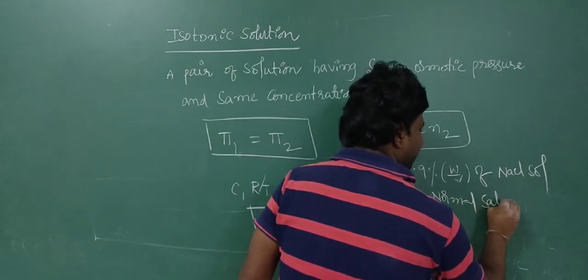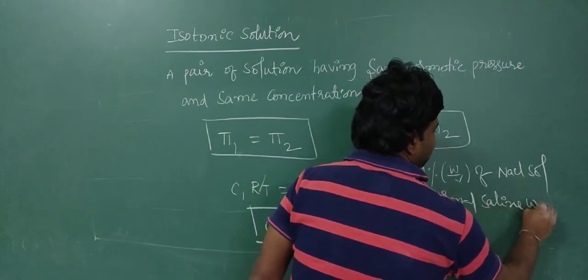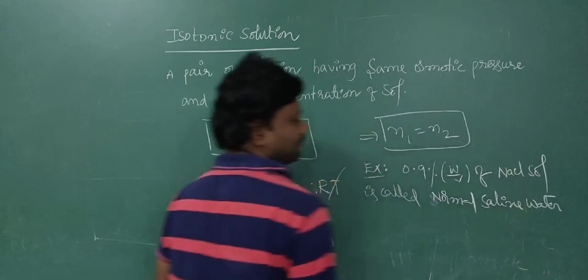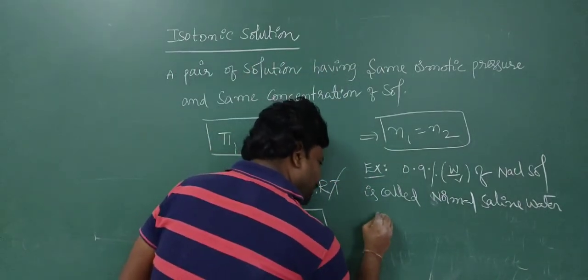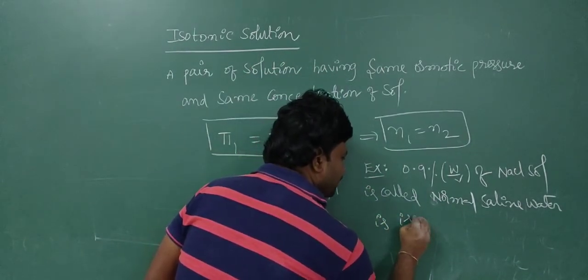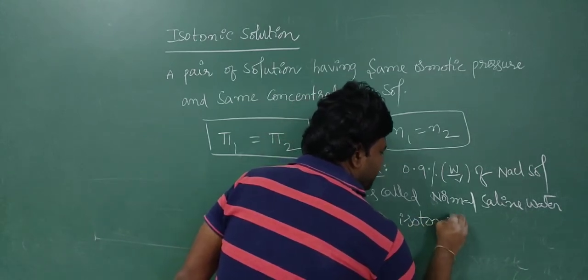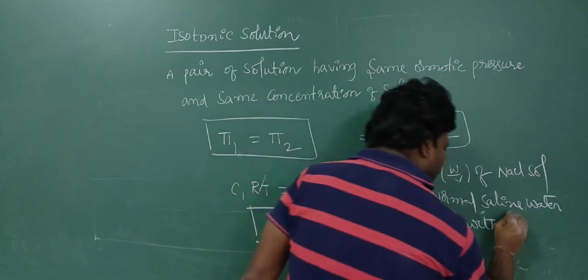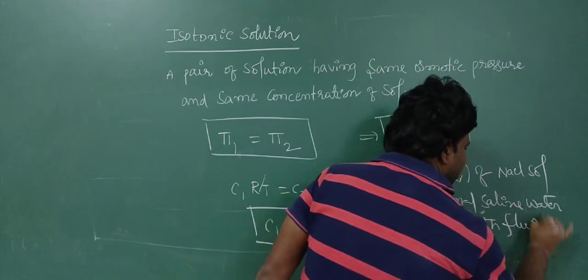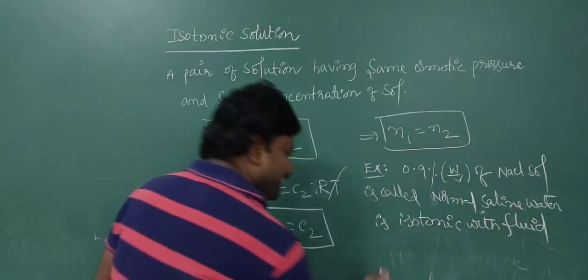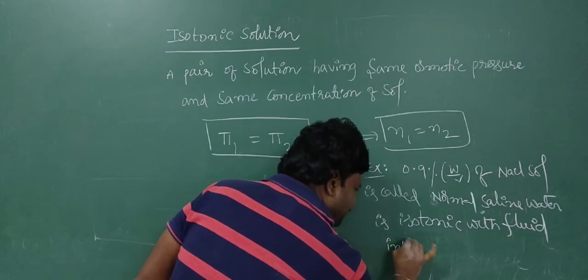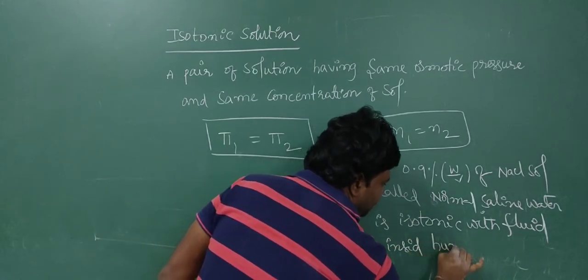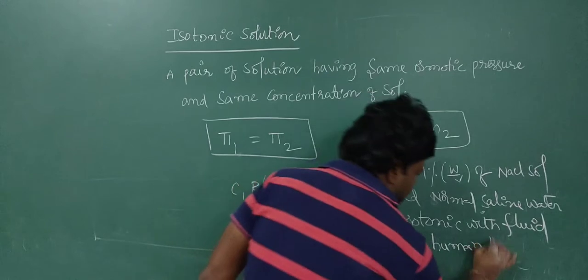Normal saline water is isotonic with the fluid inside human RBC cells.